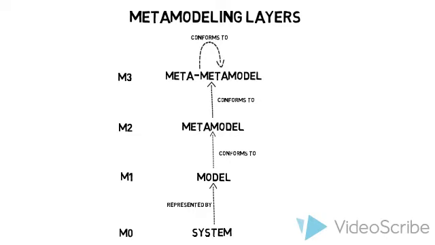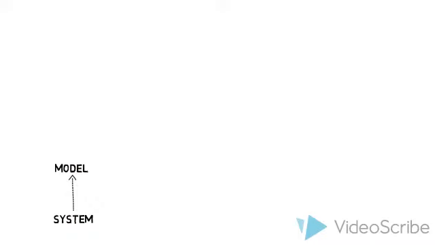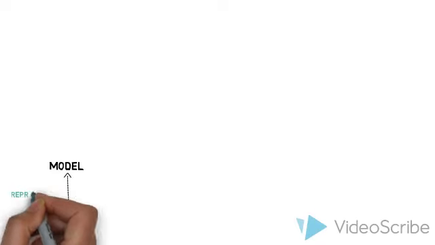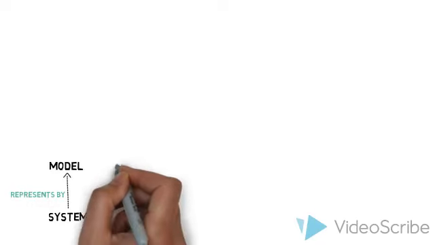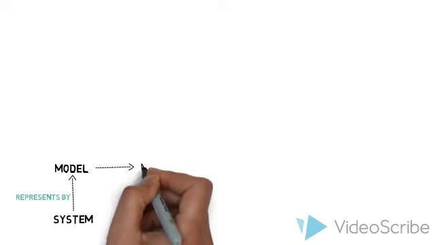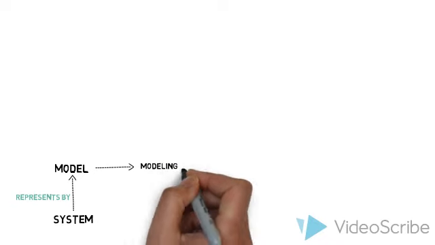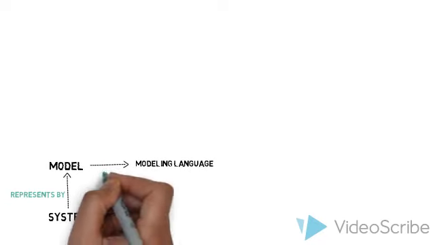Now let's see it more deeply. As usual, the system is on the basic level, and a model conforms to a language whose abstract syntax is represented by a metamodel. Transitively, we can say that a model conforms to a metamodel.